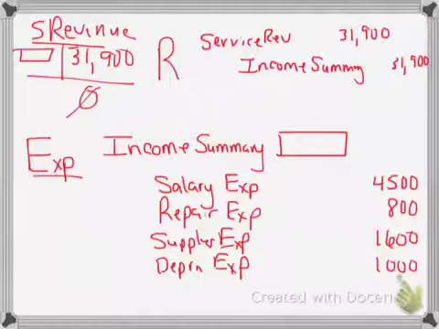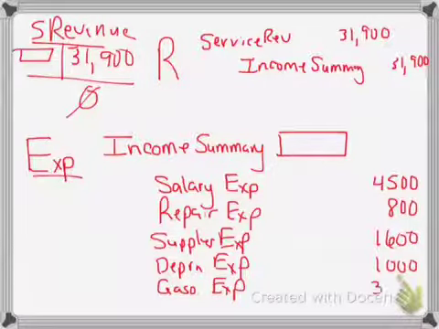And the last thing we have here is a gasoline expense, and that is at $3,800. I then am going to take all of those amounts and add all those expenses up to get the total that we need to put in that debit column.